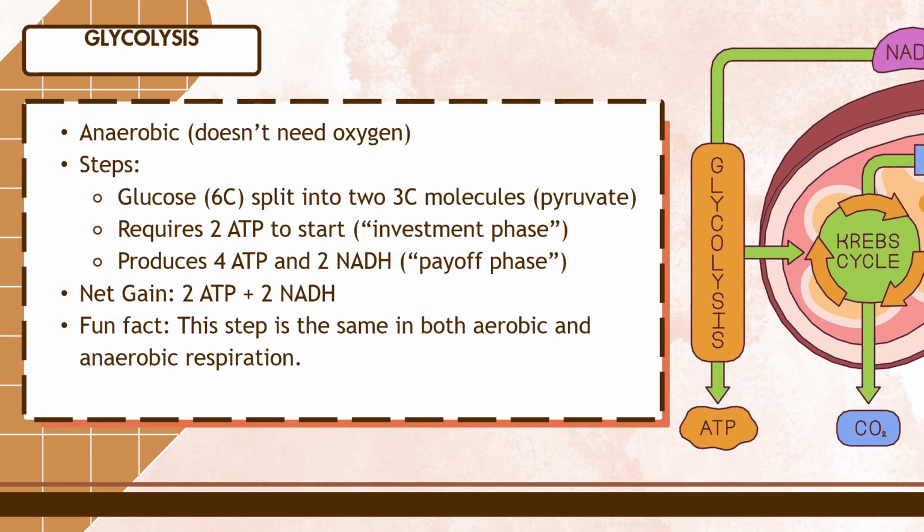So while it needs about 2 ATP to get started, we call that the investment phase. It's like I'm putting some money in to make sure that this happens. It does produce 4 ATP at the end and 2 NADHs, which are really important. So in the end, it actually ends up gaining 2 ATP and 2 NADHs.